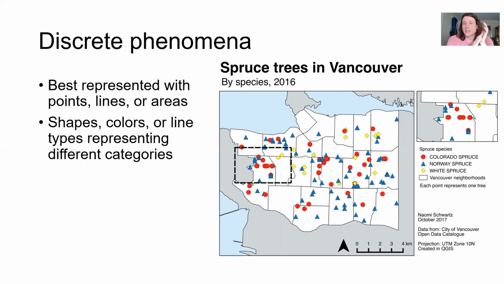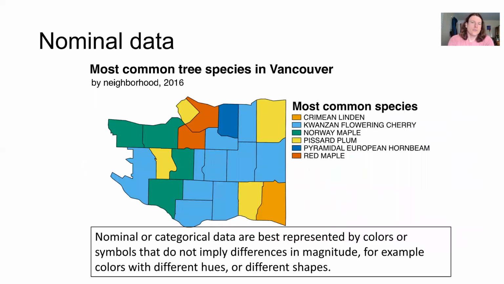You want to avoid using graduated symbols or gradations of colors for different categories because you can imply meaning or you can imply ranking or scale that doesn't actually exist. So if you're displaying it with polygons instead, say you're doing the most common tree species by neighborhood, it's best represented by colors that are in different hues, not in different shades of the same color, right?